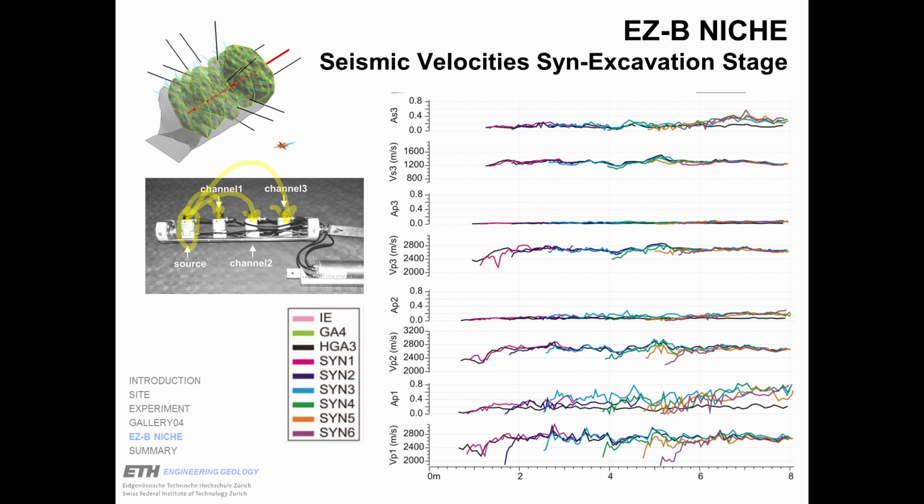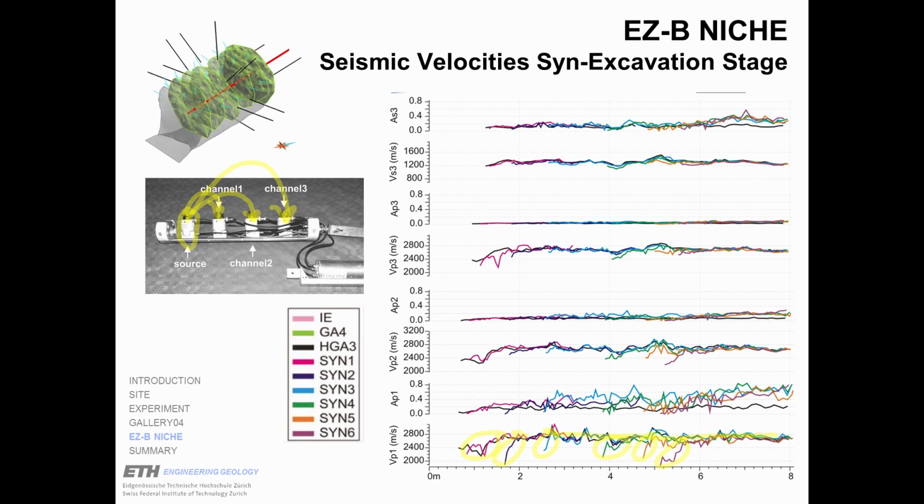When you look at the compressional wave velocity from receiver 1, you have a plateau somewhere around 2,800 meters per second, and whenever a new log is measured after an excavation stage has been completed, you always see a first section of your log where your seismic velocity is significantly lower than this plateau.